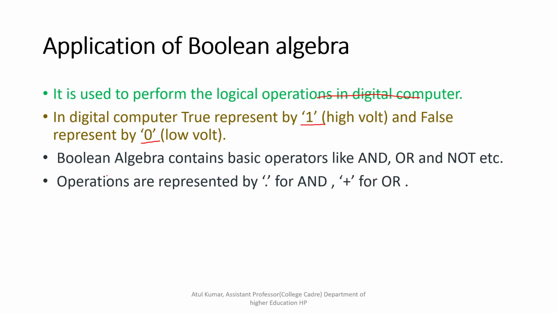Boolean algebra contains basic operators, and these basic operators are AND, OR, and NOT. In Boolean algebra, dot is the symbol used for the representation of AND, and plus is the symbol used for the representation of OR.